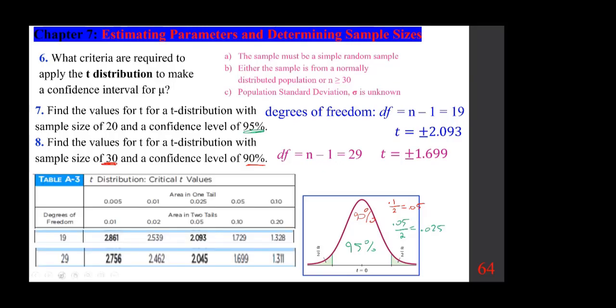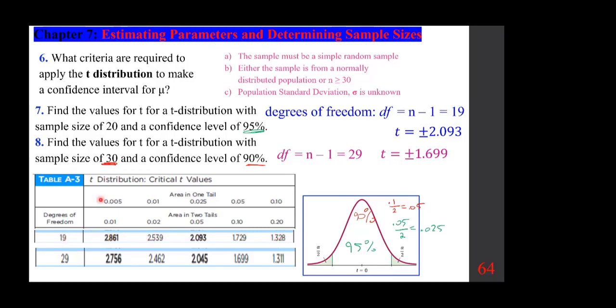When we look up the t distribution table, it looks like this. We have on the left column degrees of freedom. There's not enough space, so I'm just giving you the degrees of freedom that we need, numbers 19 and 29. So you find first and foremost the degrees of freedom. In front of it, you see a bunch of numbers.